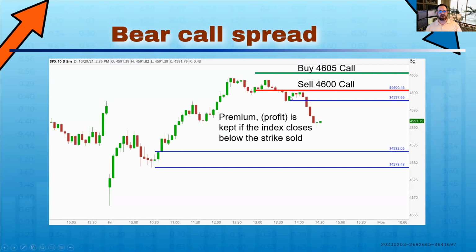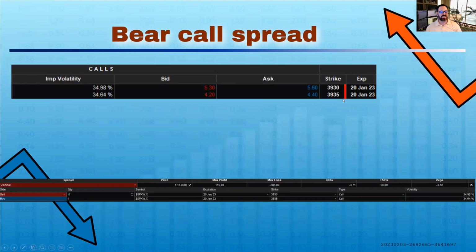So here is an area of resistance that was identified, and the trader was selling a 4,600 call above the resistance and buying a higher call further out of the money, 4,605. So the profits would come if prices continue to go down, or they would profit if prices go a bit sideways, or they'd even profit just a little bit if prices go up, but don't go above 4,600. So three different ways to potentially profit.